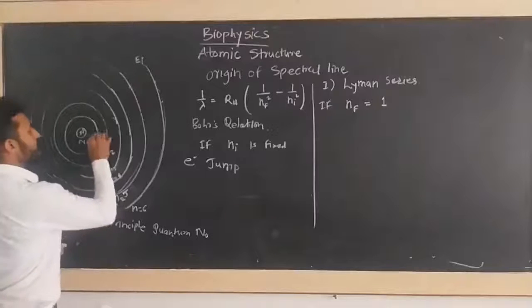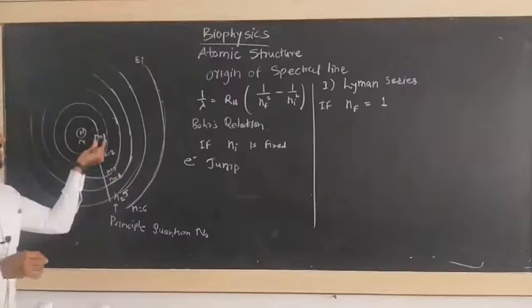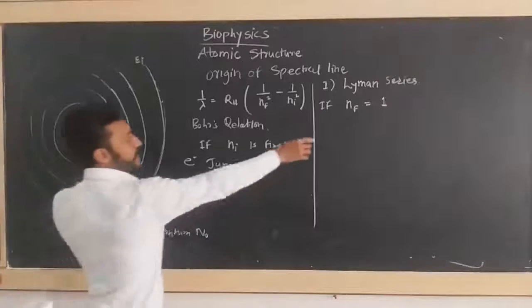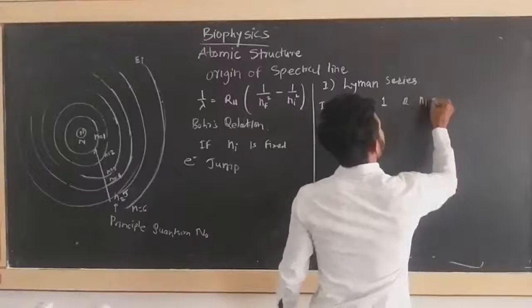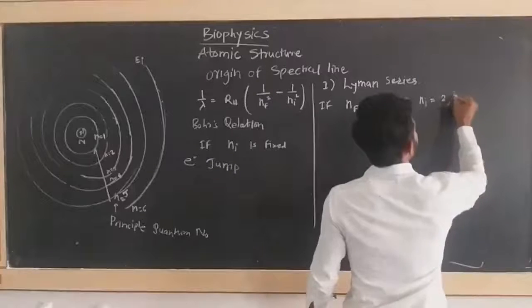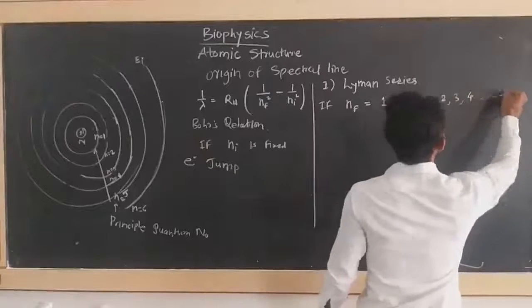So the final state is n is equal to 1, and n initial might be 2, 3, 4 up to infinity.